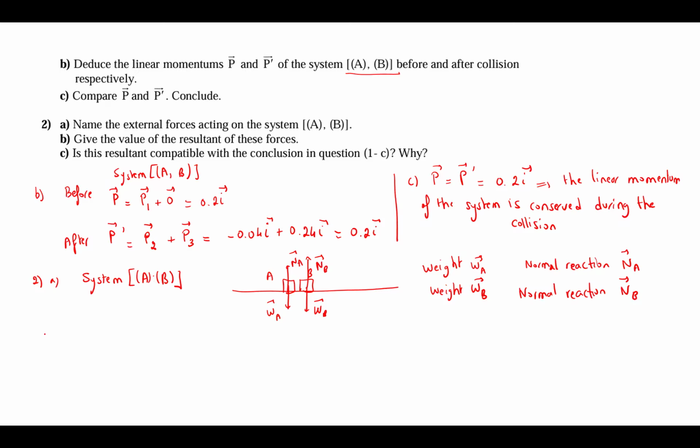Give the value of the resultant of these forces. When I say resultant, it means the sum of the forces.